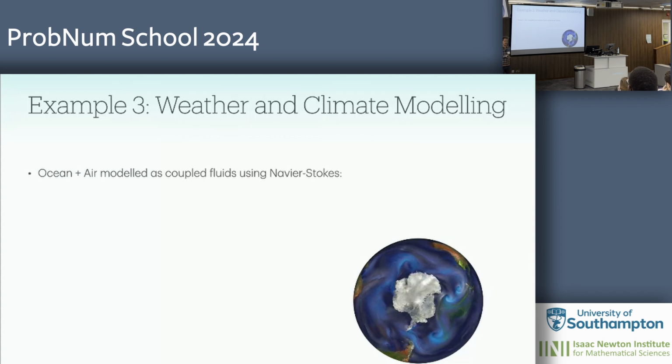Here again, we can get to a PDE by modeling the ocean and the air as being the solution of a coupled set of partial differential equations for fluid flow. So here, the ocean, that's obviously a fluid, and the air we model as a fluid that's just much less dense than the ocean.